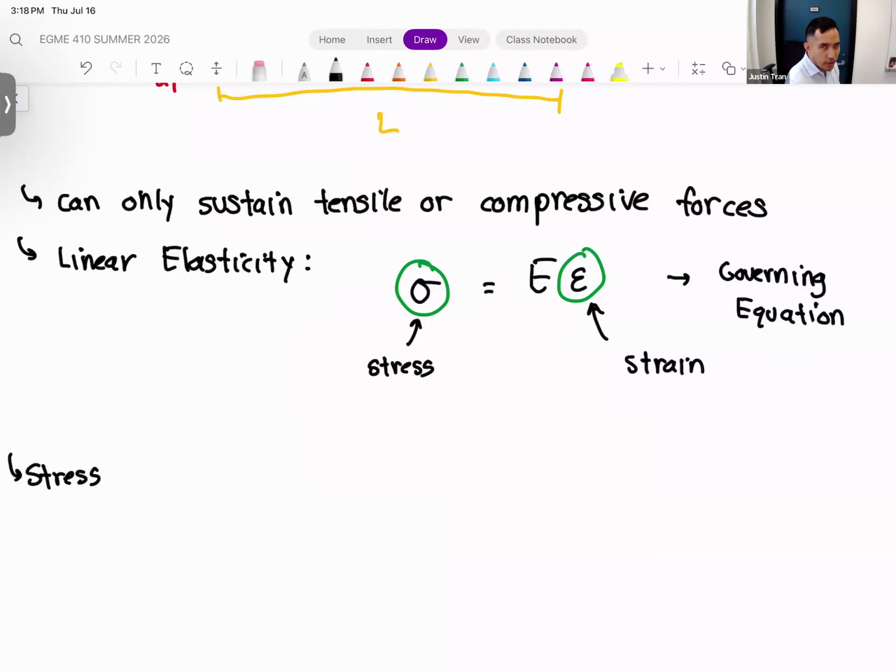Remember, the way that we define stress is that it is a force distributed over an area. We know stress has the same units as pressure, so it's force over area. Let's express that in terms of the variables given in our problem.